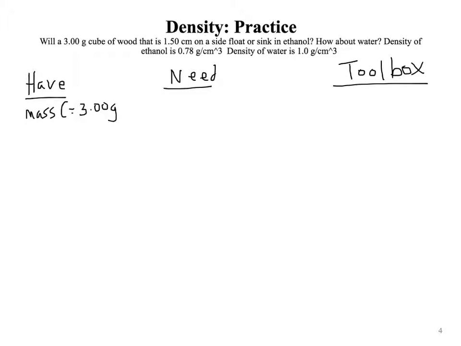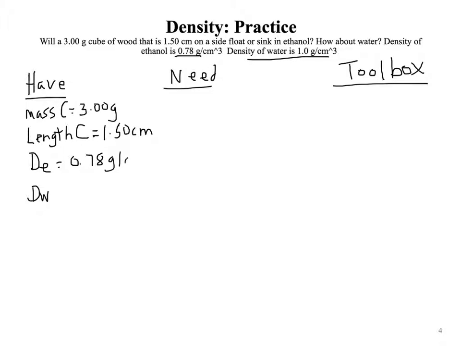I also have the length of the cube. Length of C is 1.50 centimeters. I also know the density of my ethanol and the density of water, which is right here. They give me some good information. 0.78 grams per centimeter cubed, and density of water is 1.0 grams per centimeter cubed.